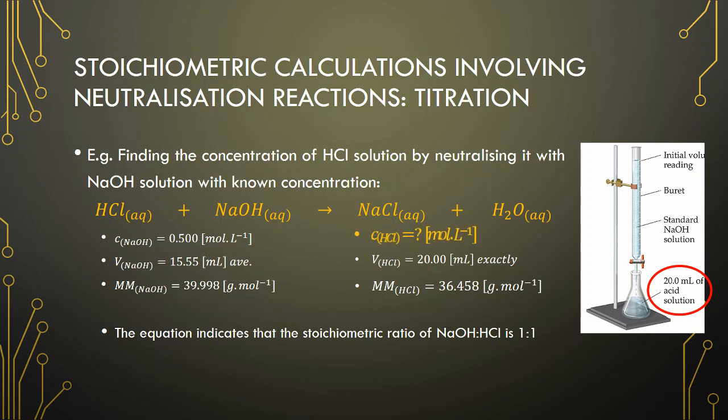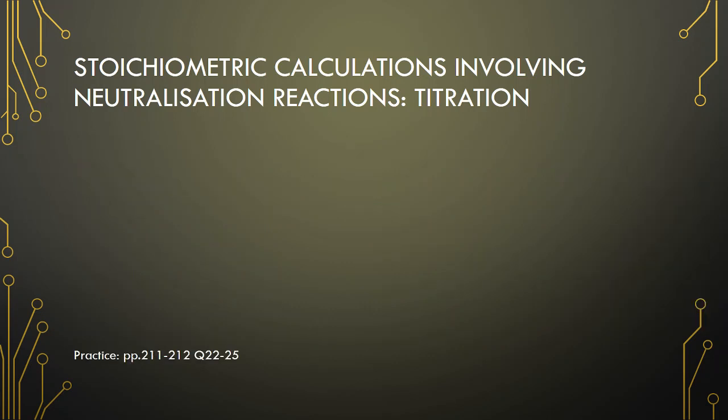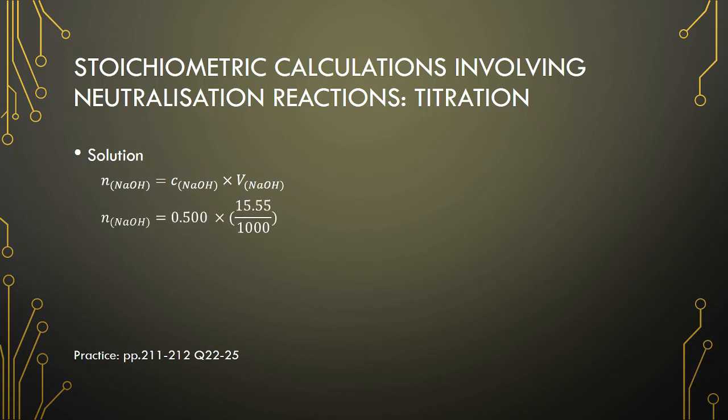Alright, so let's find out what the concentration of HCl was by just knowing all these. So, solution. Before you move on to anywhere, you need to find out how many moles of hydroxide you have added into the acid. So, n equals c times V. If you plug in the numbers, 0.500 was the concentration in moles per liter, and for volume we had 15.55 milliliters.